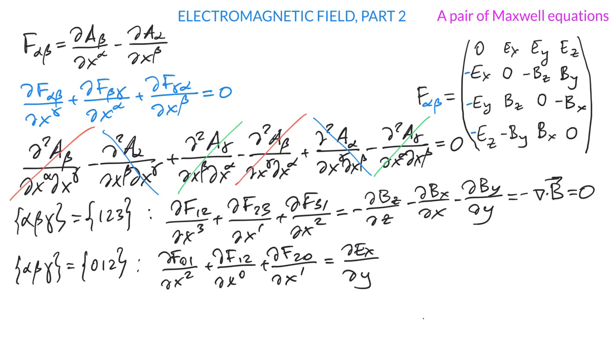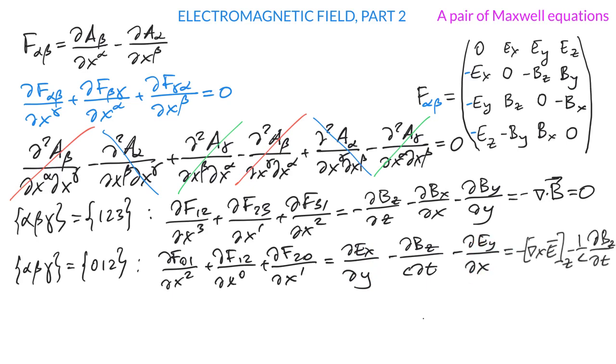So we have minus dBz, x0 is ct, so minus dBz by c dt. And the last term, F20, is minus Ey. So we have minus dEy by dx. So here we have the z component of the curl of E and dBz by dt.